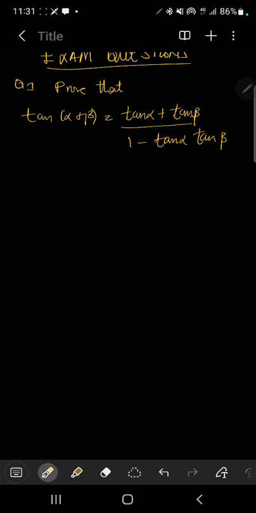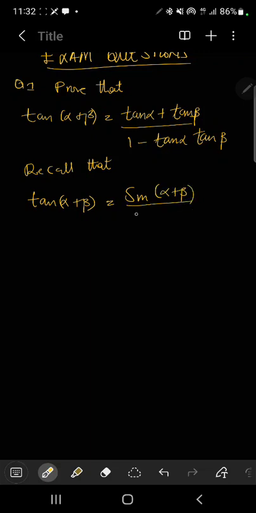Recall that tan(alpha plus beta) is the same as saying sine(alpha plus beta) over cos(alpha plus beta).